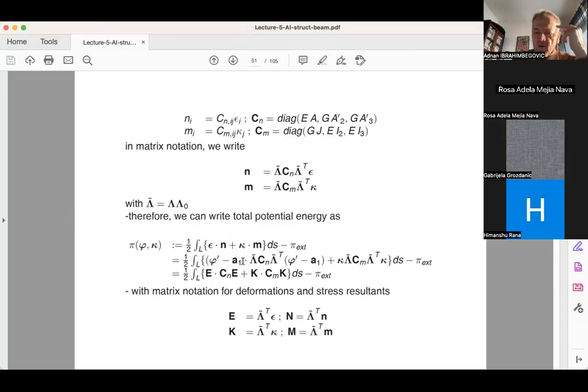And so I put in what these strain measures are, I put in my constitutive equation and basically write it this way. So this is simply a quadratic form in terms of these axial and shear strain measures and then bending strain measures.